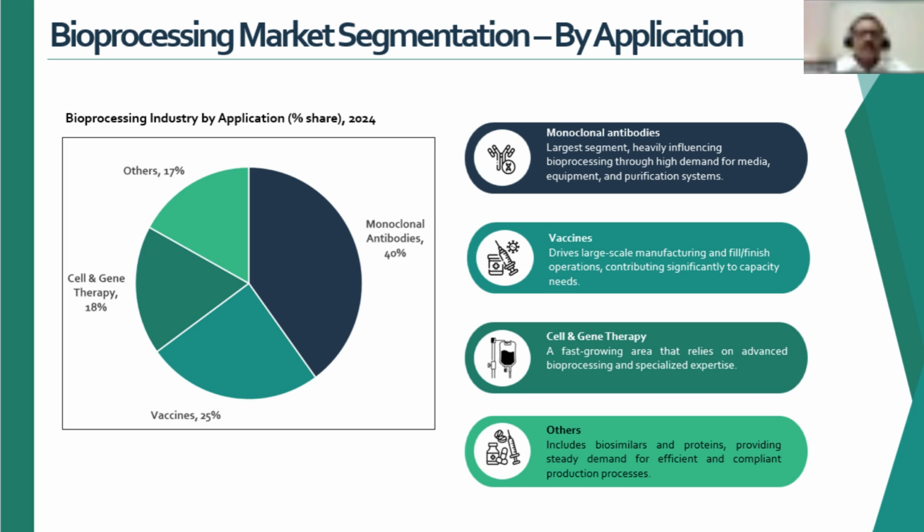Of course, many companies have pipelines with respect to cell and gene therapies, including CAR, autologous or allogeneic therapies, and it constitutes a significant share of around 18 to 20%.